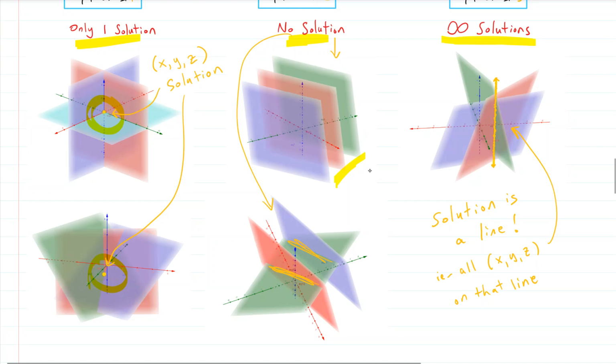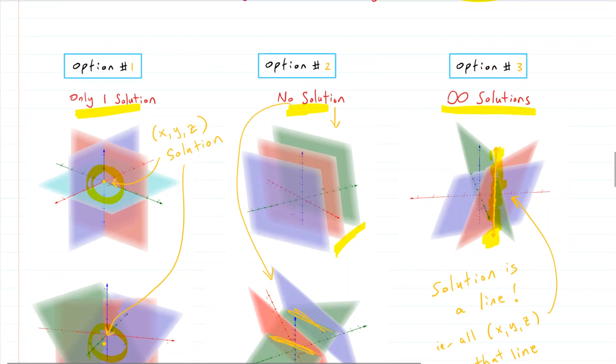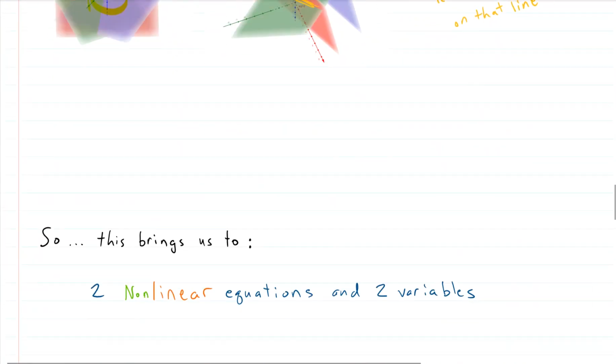So every point on this vertical line right here is a solution to the system, because these planes touch in this vertical line. So there are an infinite number of them. So we again have the same categories for numbers of solutions: one solution, no solution, or infinite solutions.